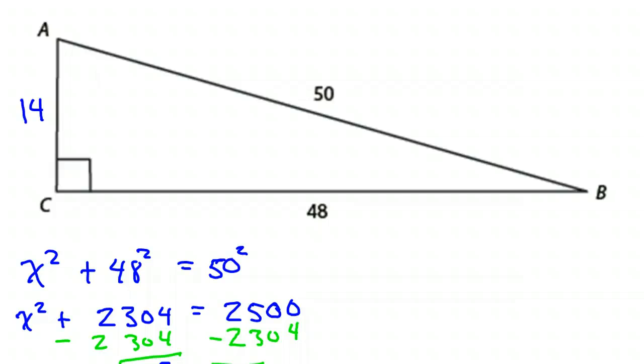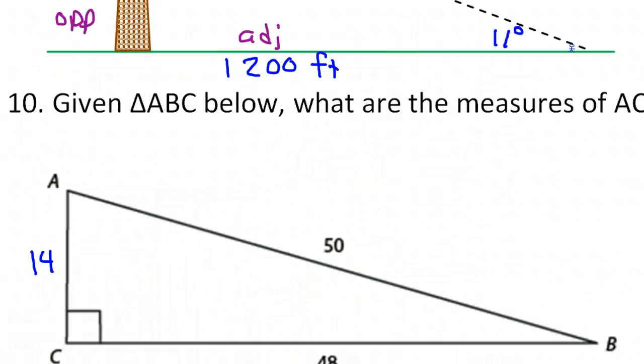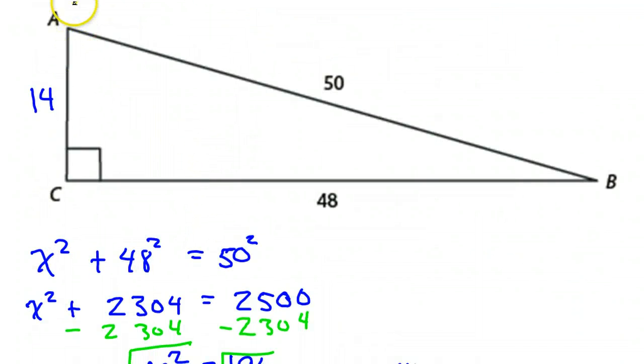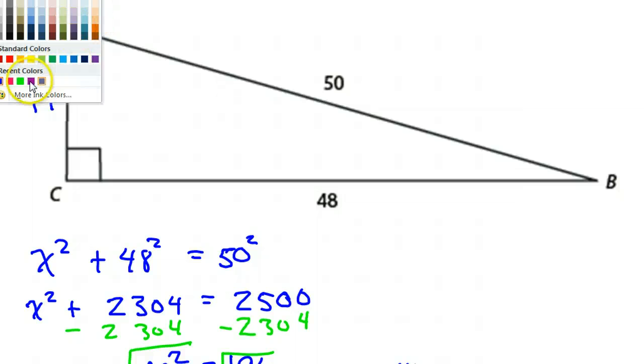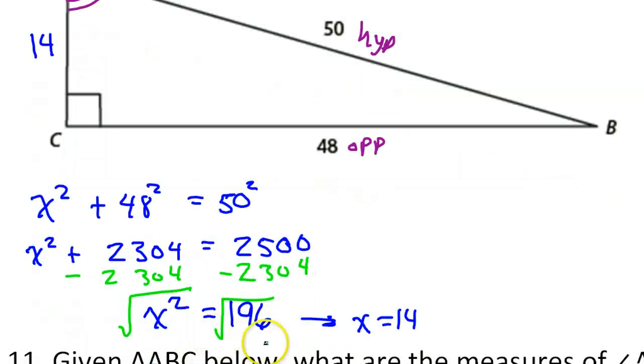Okay, we are also supposed to find the measure of angle A. We're looking right here. From the perspective of angle A, the 48 is opposite, and the 50, of course, is the hypotenuse, no matter what. I'm not using the 14 because I just found that.